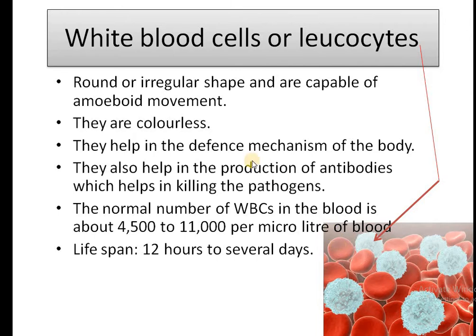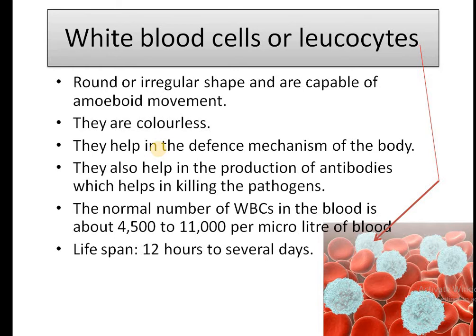Now let us see what are white blood cells. It is also known as leukocytes. You can see the picture here. It is round or of irregular shape and capable of movement. Amoeboid movement means they can move from one place to another place, changing their shape. They are colorless.